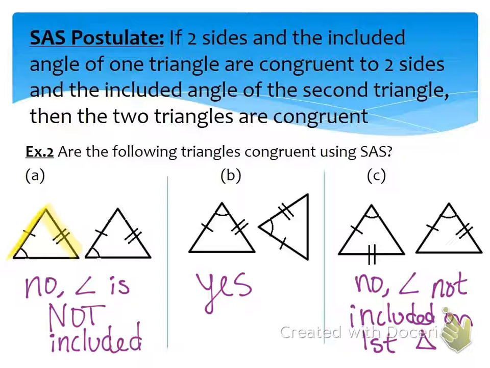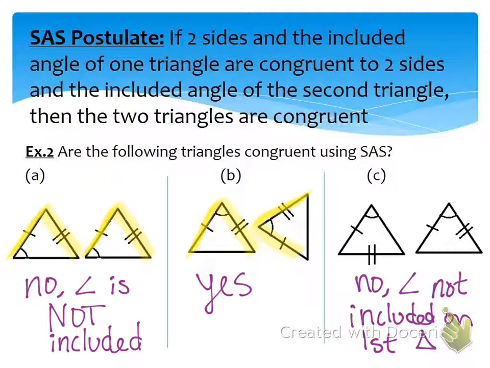Ataya, did you have a question? Yeah, okay, so you highlighted it, so what does it mean? So the angle that I highlighted better be the one that I'm using. And in this case, it's not. They use this angle down at the bottom. So the included angle has to be used, so that's why both of them? On both of them. Okay. Yep. So here it worked because if I were to highlight those sides they used, I highlighted the angles they used. So that's the one that worked.